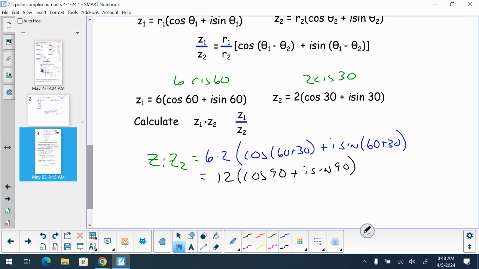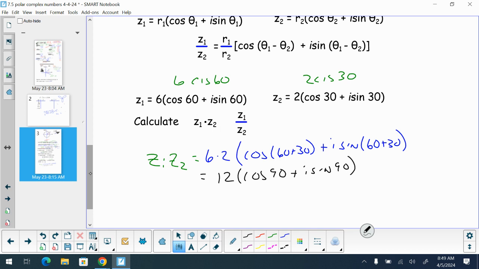Now, what you're able to do with this is if you have your 90s, 180s, 270s, 360s, you can do some additional simplification. The cosine of 90 degrees gives us what? Zero. The sine of 90 degrees gives us 1.